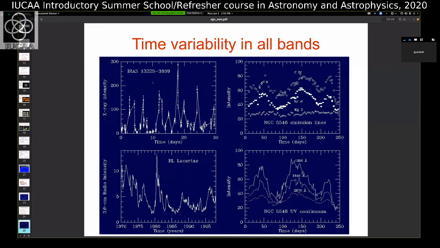How the flux is varying as a function of time, the light curves measure this particular feature. So in the top left panel, you see the X-ray light curve, essentially X-ray intensity or X-ray count rate as a function of time in days. And you see this is highly variable.